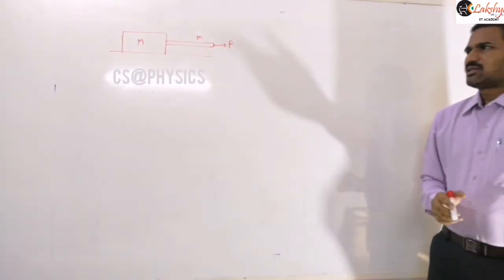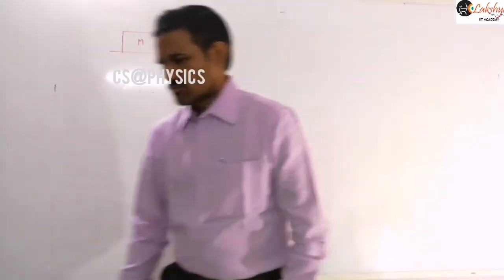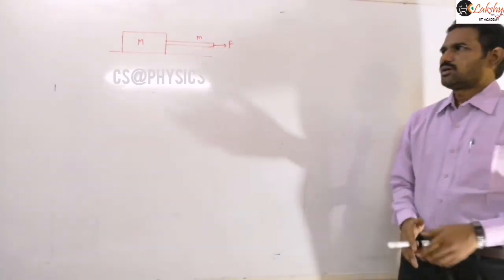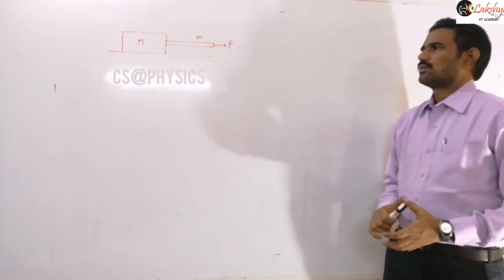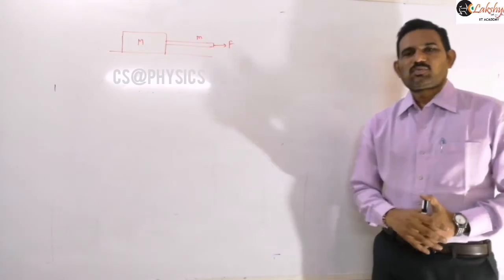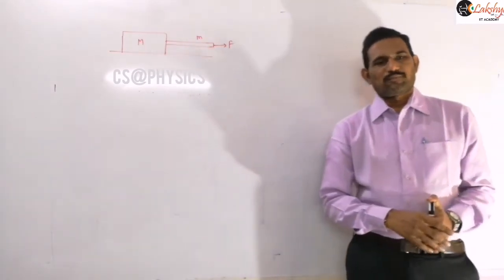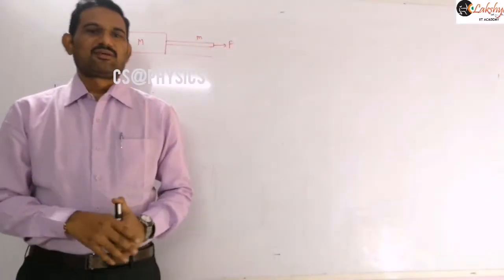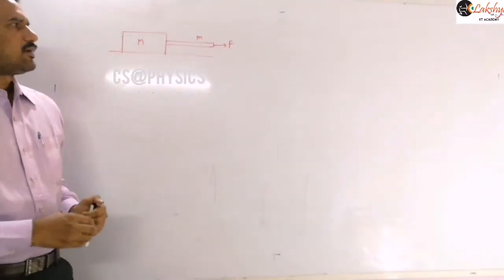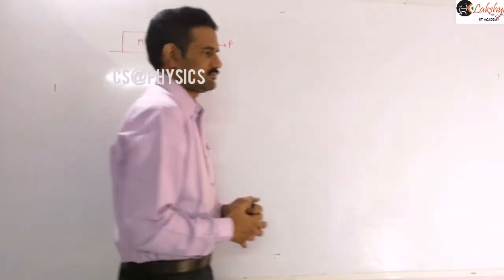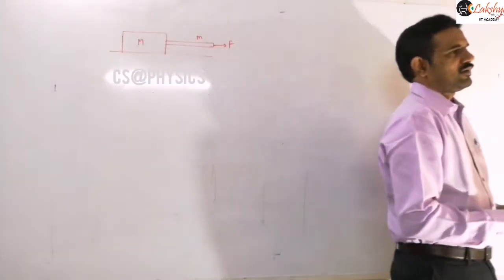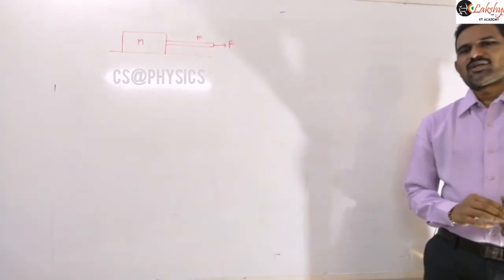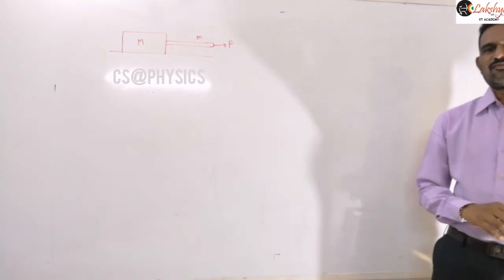A block of mass M, capital M, is placed on a smooth horizontal surface and it is pulled by using a rope having mass m, small m, by applying a force F at the free end of the rope.